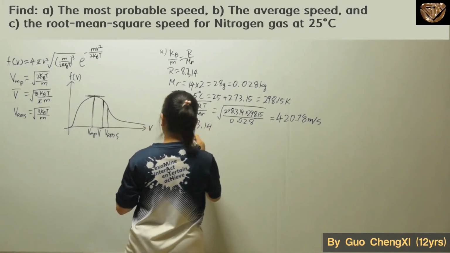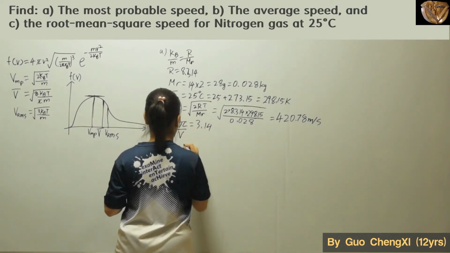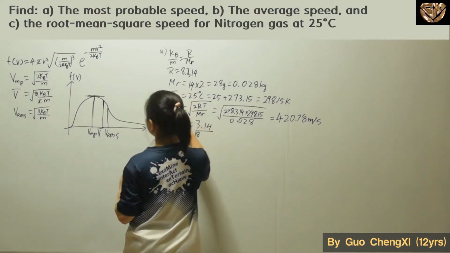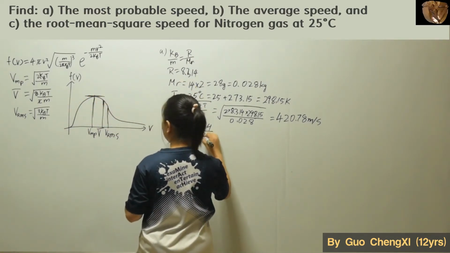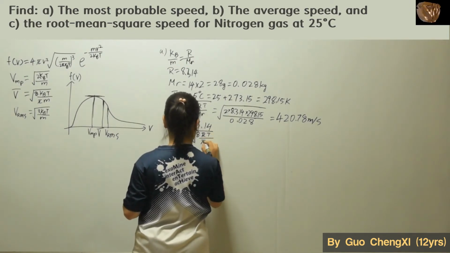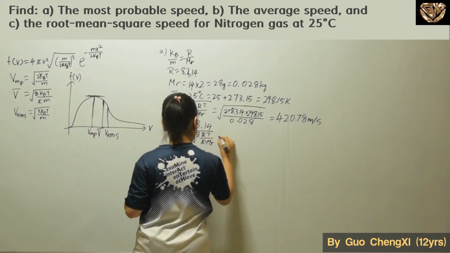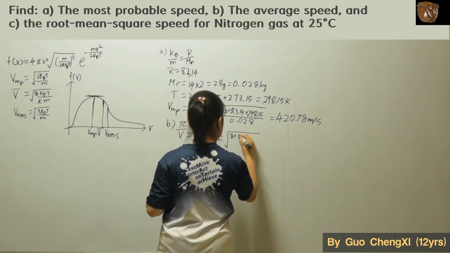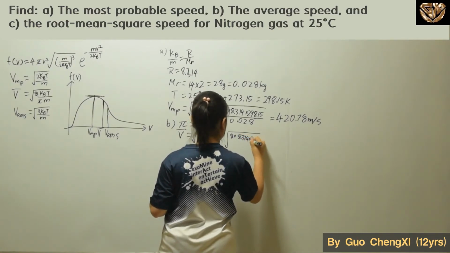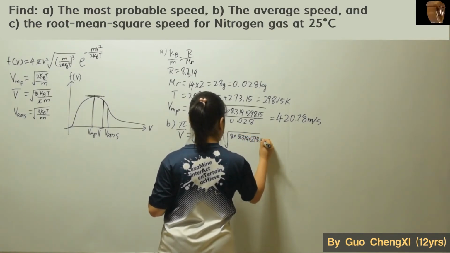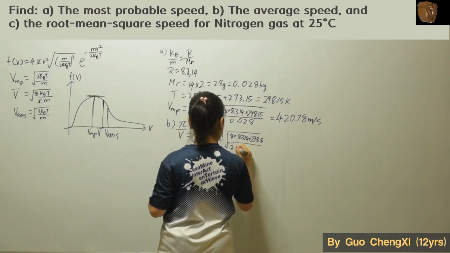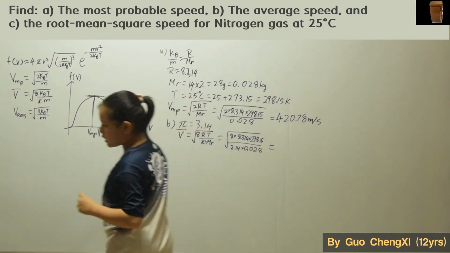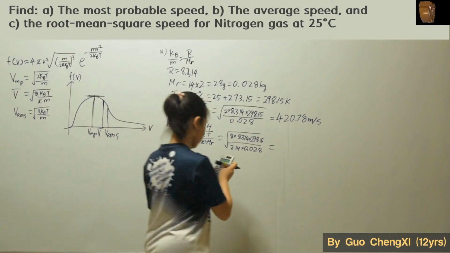So now for this part, v, the average speed, will be the square root of 8 kB T over pi m, which is 8RT over pi times Mr. So over here, what we'll get is 8 times 8.314 times 298.15 over 3.14 times 0.028.